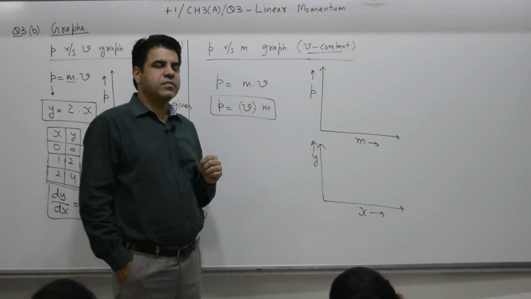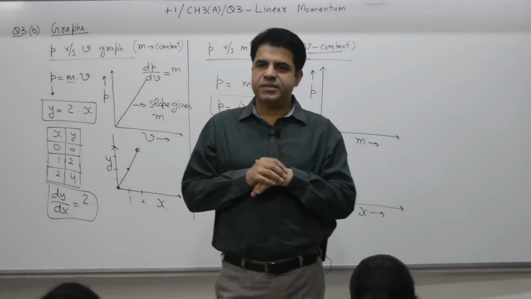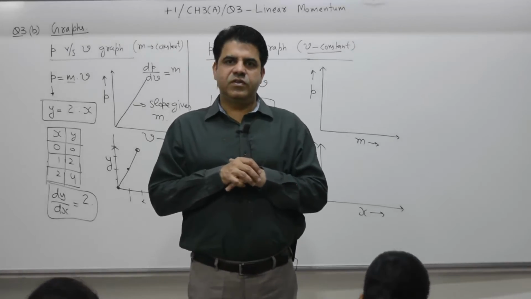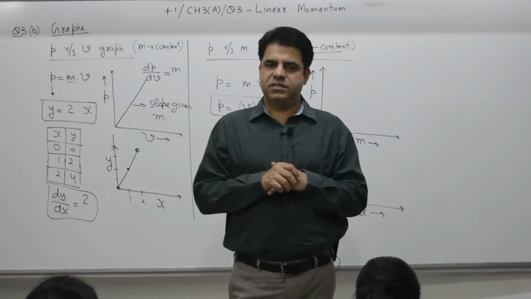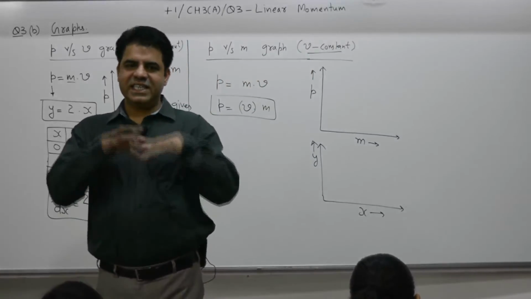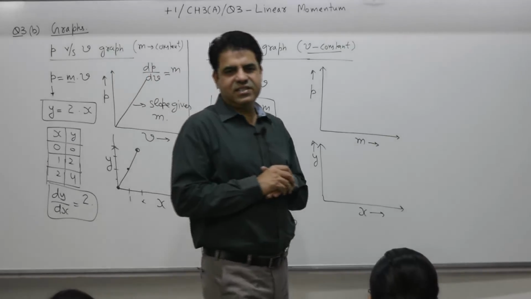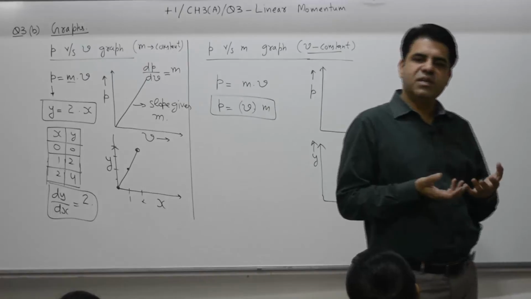I will explain. When a rocket is moving upward with a constant speed, what is the status of the mass? It ejects gases. Its mass changes. So we will come across a number of cases.